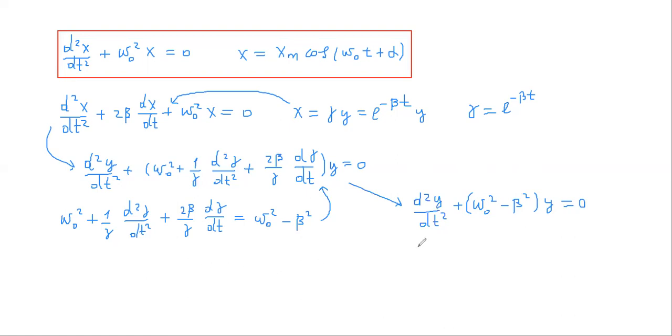This is equal to 0, and we can use some new notation. We can write this as omega v is equal to the square root of omega 0 to the power of 2 minus beta to the power of 2.